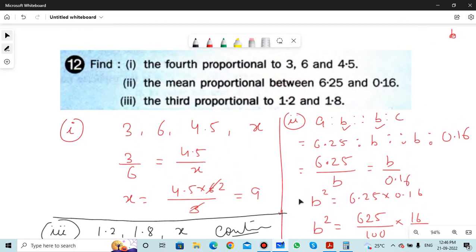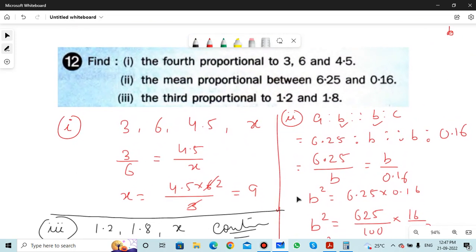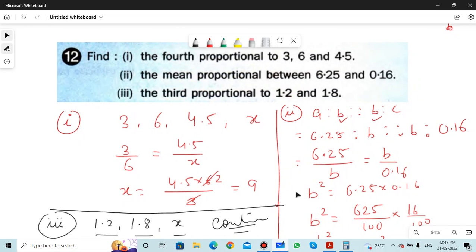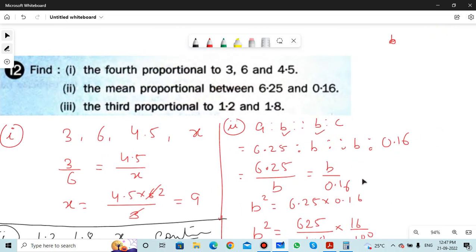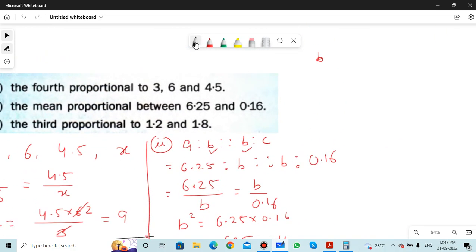Remember, if for the same question they are asking you to find the mean proportion, then in this question, the mean proportion here will be 1.2, and we will put x in between, and 1.8.